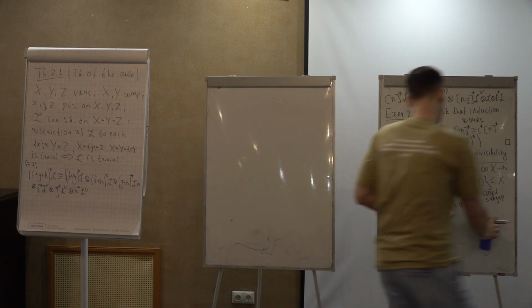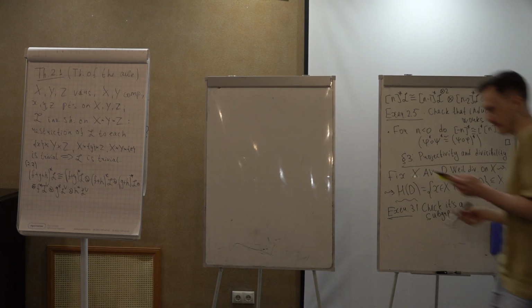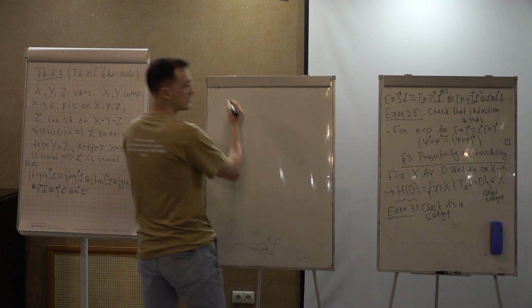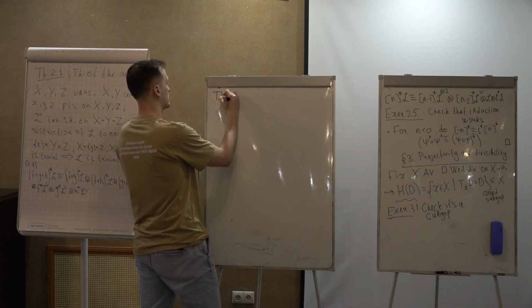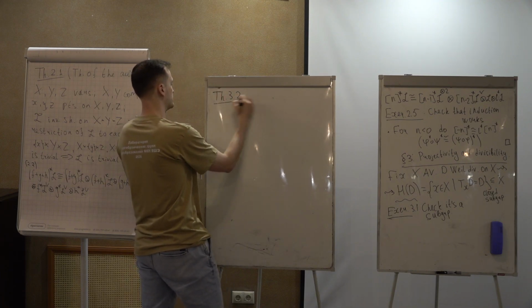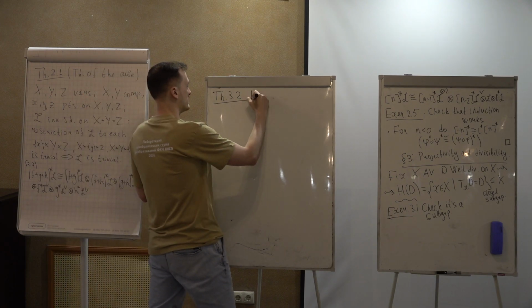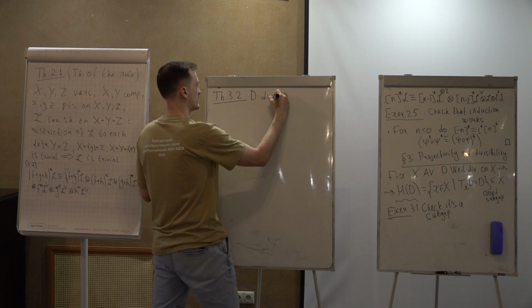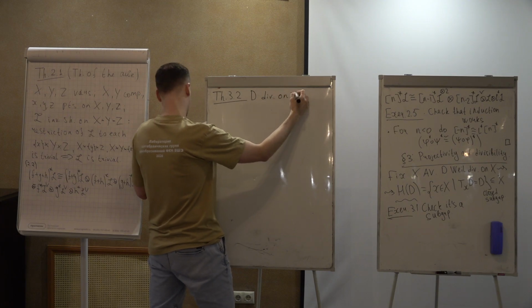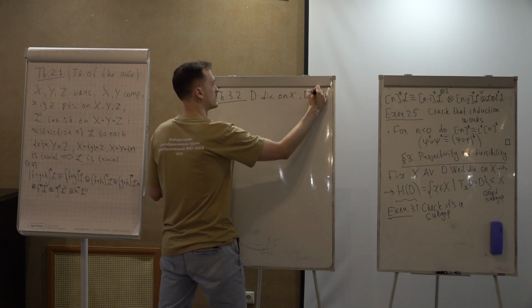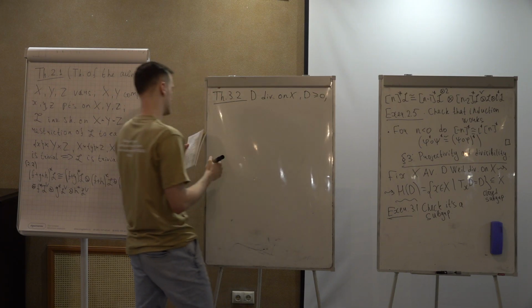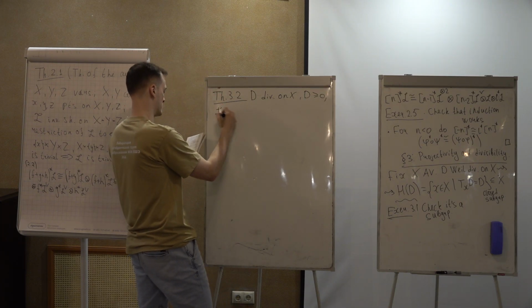Now let me state a theorem which I will not prove, but which I will use. Again, take a divisor D, which is effective, and consider the corresponding invertible sheaf.